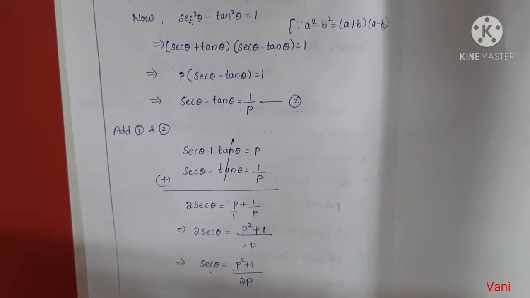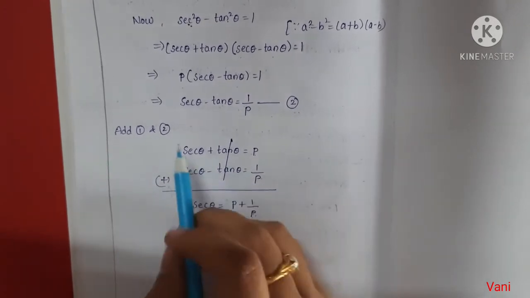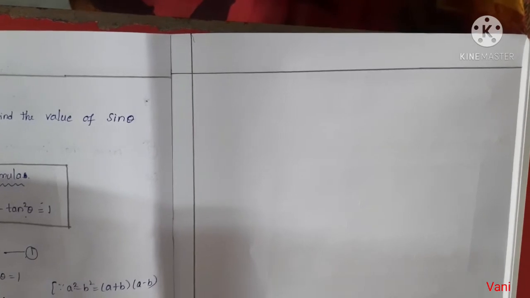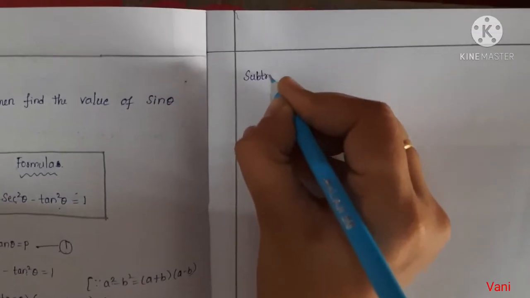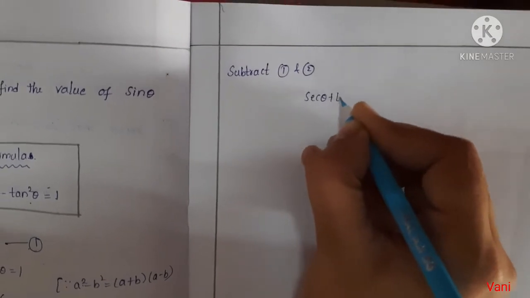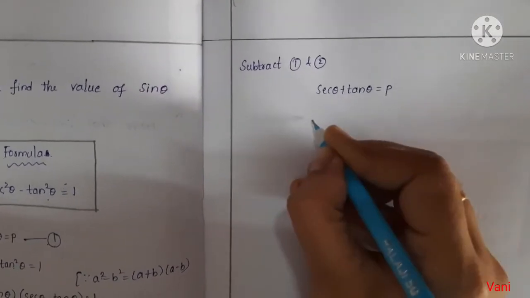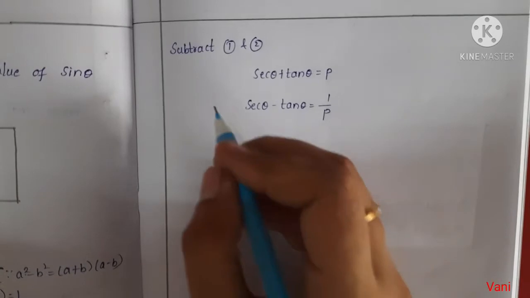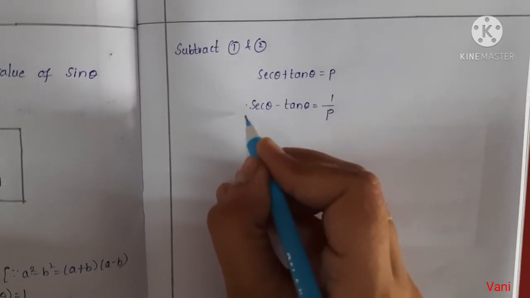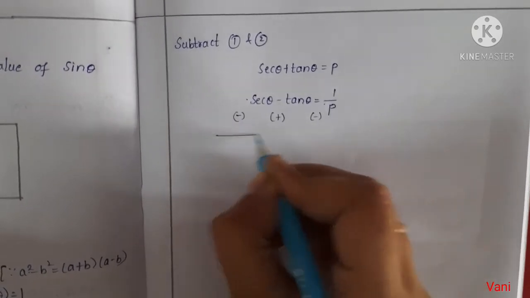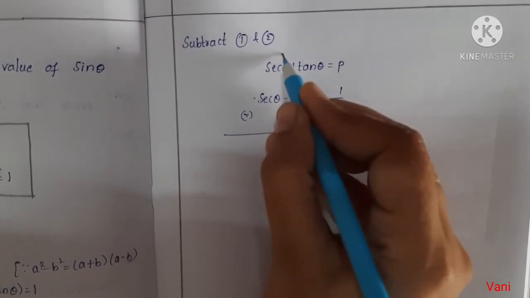In the same way, now we are going to find the tan theta value. Now we have to subtract equations 1 and 2. Secant theta plus tan theta is equal to p. Secant theta minus tan theta is equal to 1 by p. When you are subtracting, change the signs of the second equation. So secant theta minus secant theta will cancel.